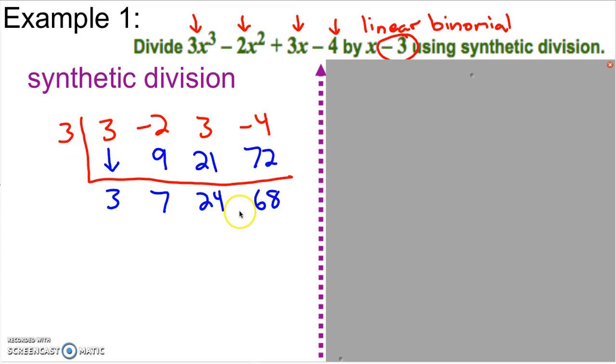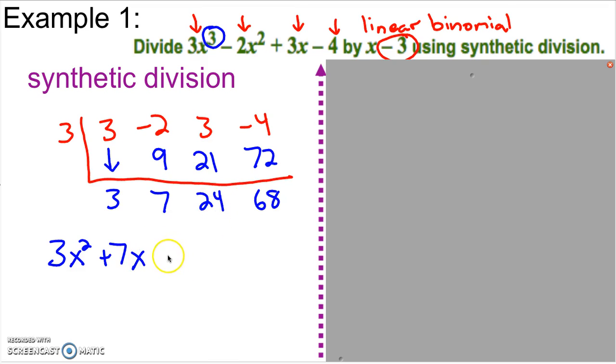So this seems sort of random, but now our degree of our answer is always going to be 1 less than the degree of the original dividend. So instead of starting with x to the third, we're going to begin copying our number coefficients here using x squared for the first term and +7, plain x for the next term.